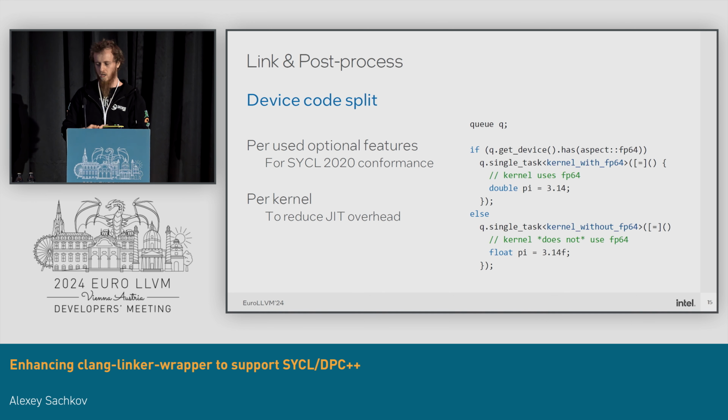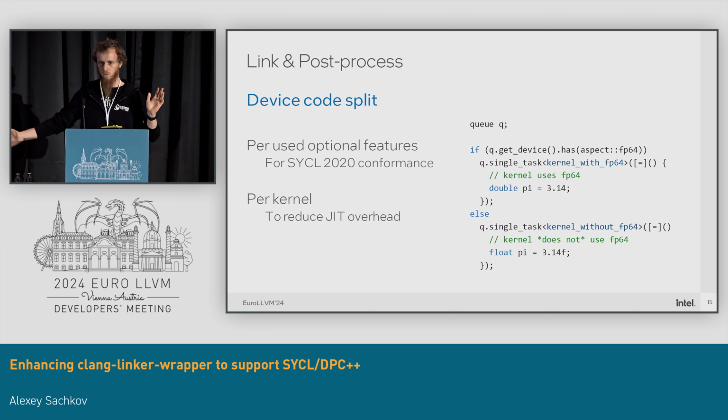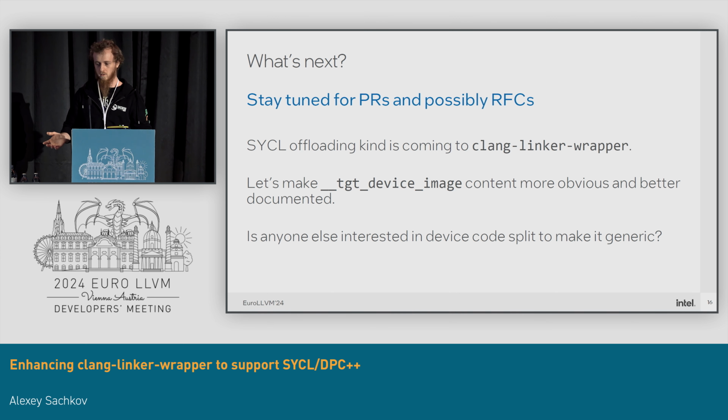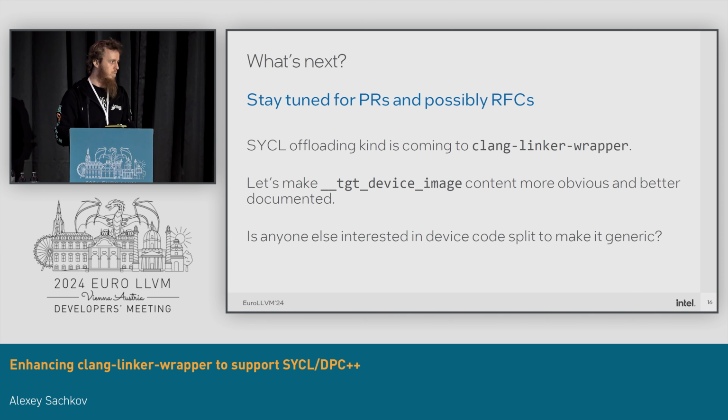It's a waste of time to JIT compile this whole huge library, so it can be beneficial to split it into smaller chunks to reduce JIT overhead. And essentially, stay tuned: the SYCL offloading kind is coming to clang-linker-wrapper at some point, once we figure out all the details internally.